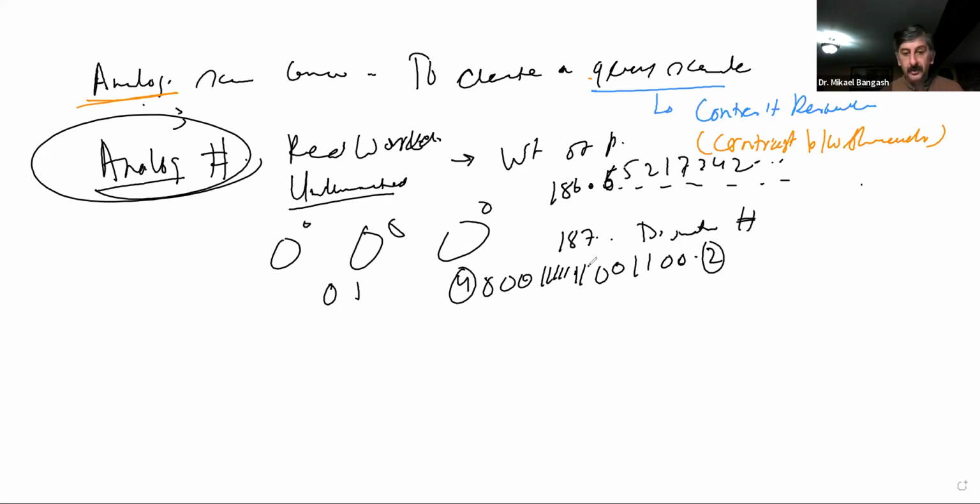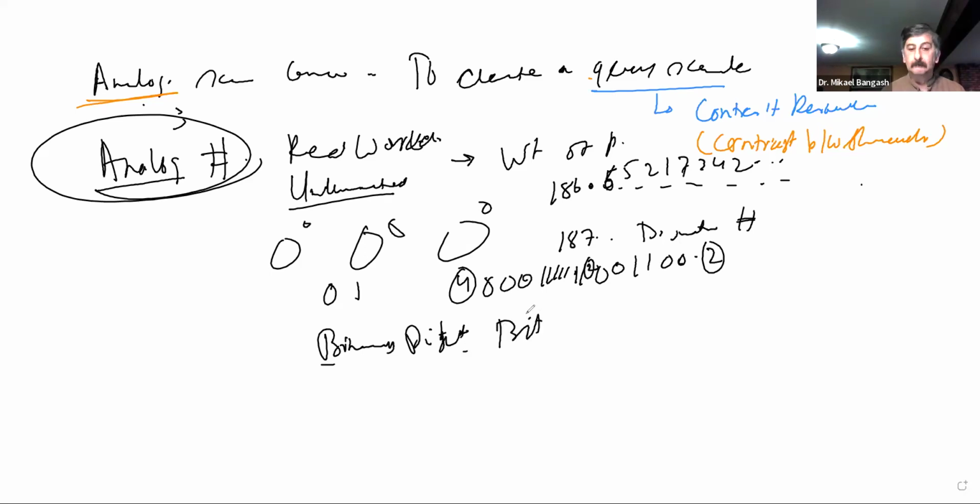Even if I wrote the 2 here, it's still not going to be a digital number anymore. Because digital numbers means binary digits, and from that is where we got the bit.